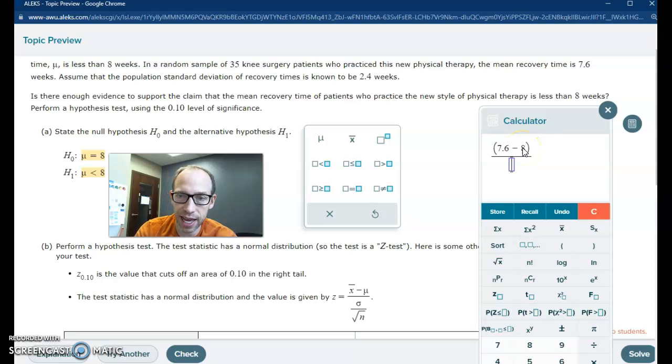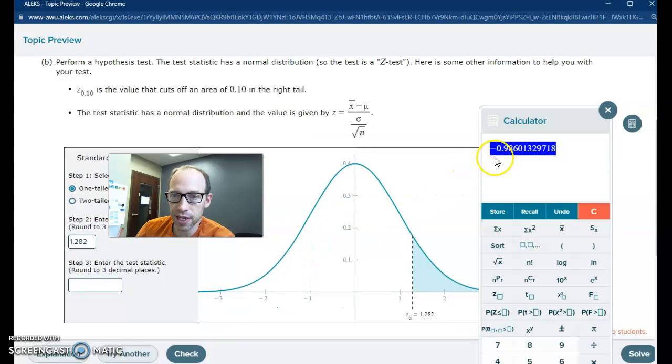And then we're going to divide that by the standard deviation, which is 2.4. And that itself is getting divided by the square root of the sample size, which is 35. Okay, and this is going to give us z of negative 0.986.